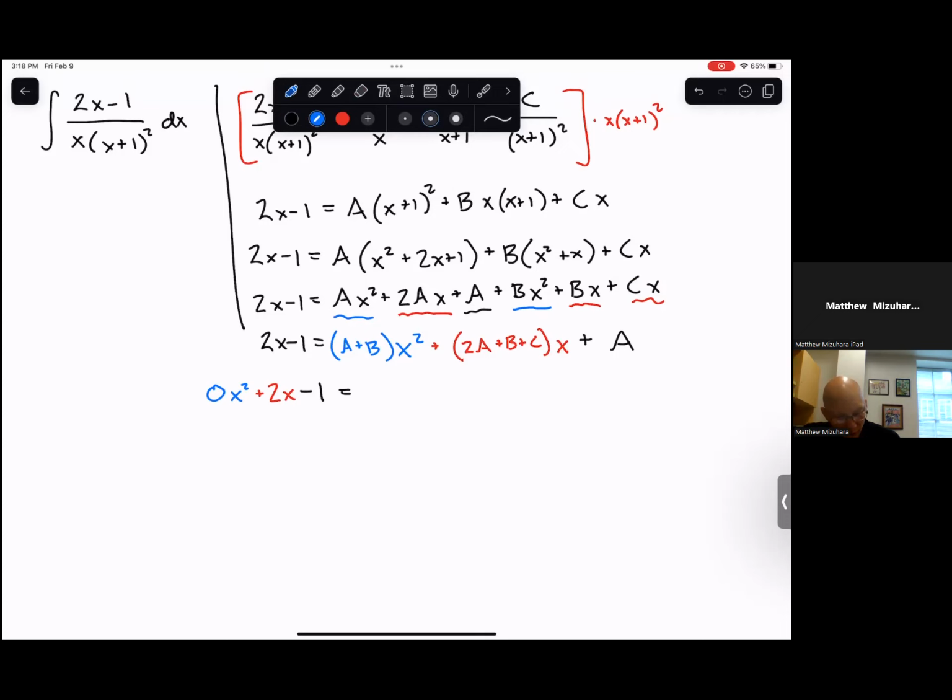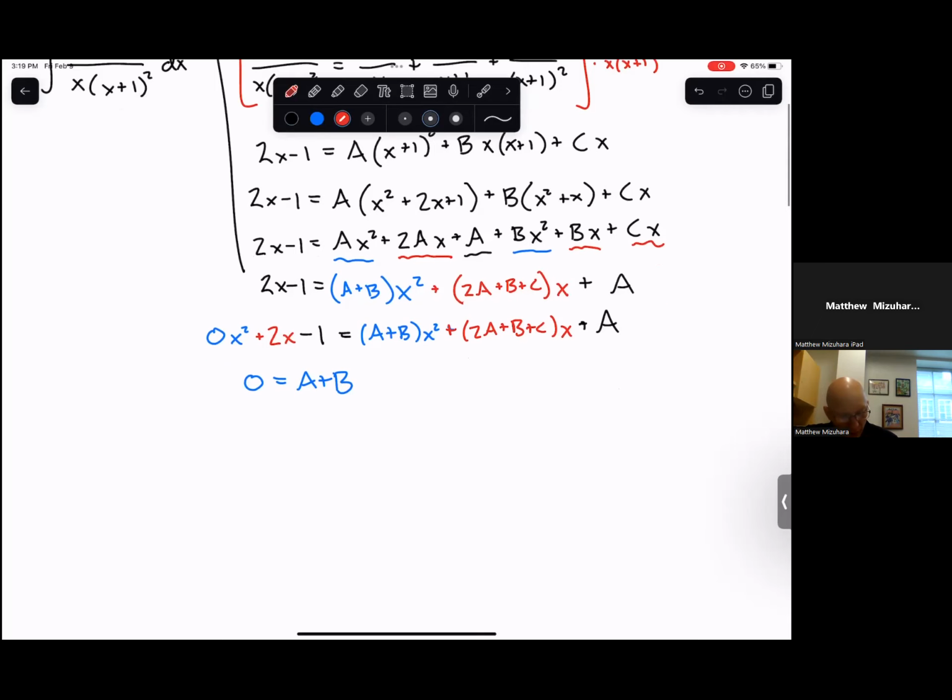And on the right-hand side, I still have A plus B x squared, plus 2A plus B plus C x, plus A. And like I said before, the key is that for these two polynomials to be equal, their coefficients have to agree. So I have 0x squared and then A plus B quantity x squared. For those to match up, I must have 0 equals A plus B.